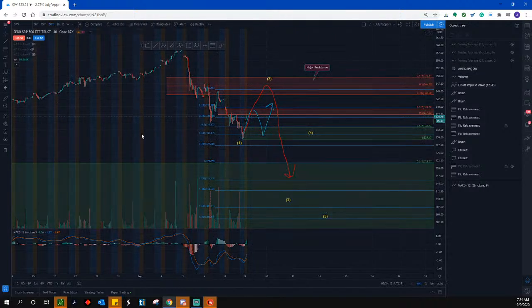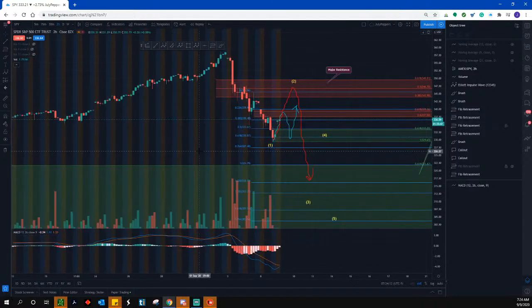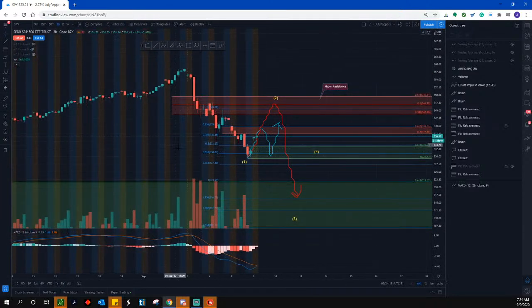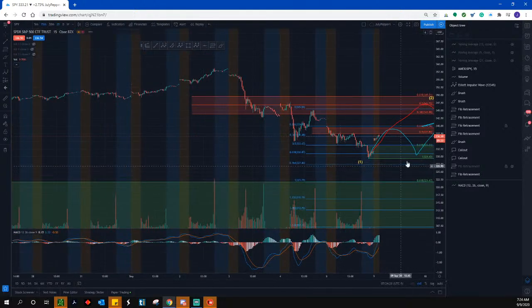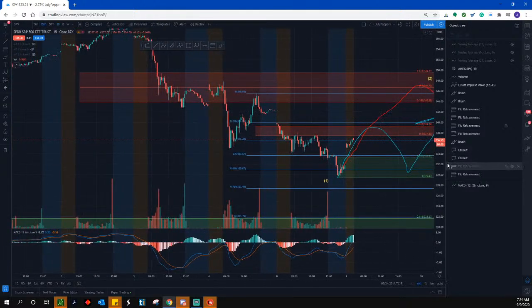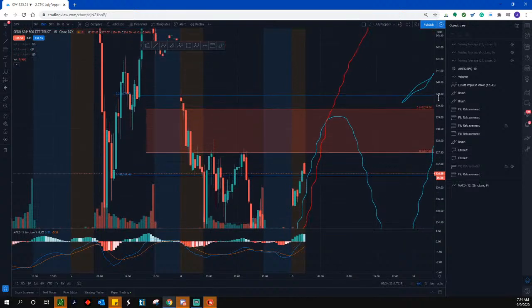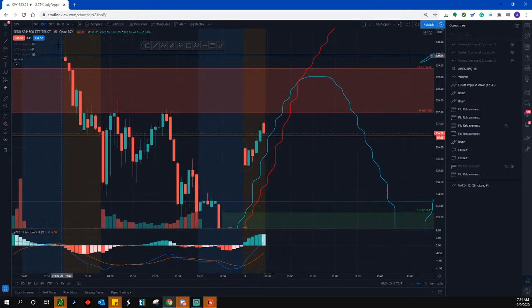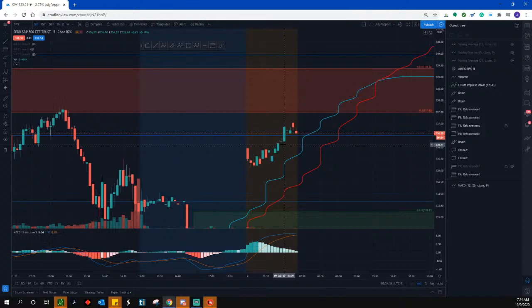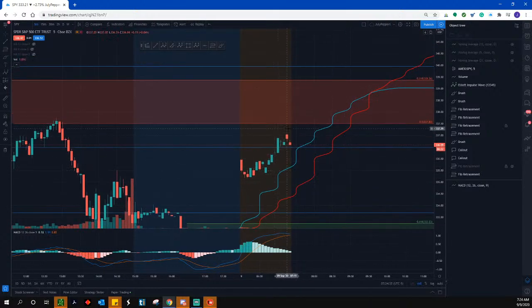So I look at the 2 hour. I think part of me still thinks this is 1, 2, but again, I need the market to tell me otherwise. So that's what I'm looking at the SPY. Let me look at futures right now. It's already getting rejected. So just be careful.